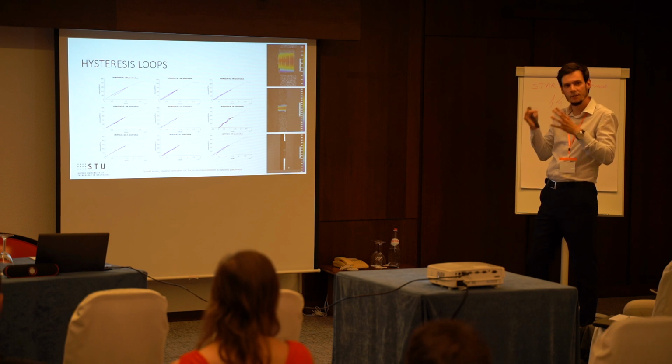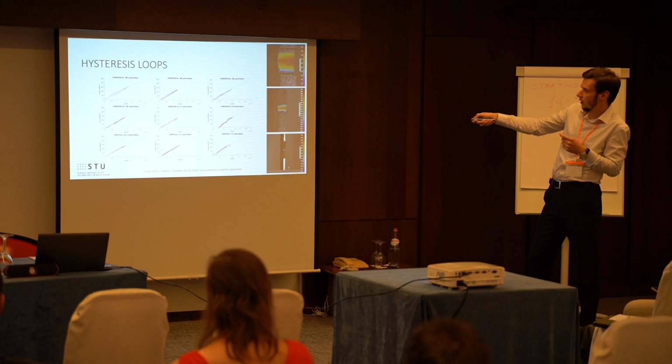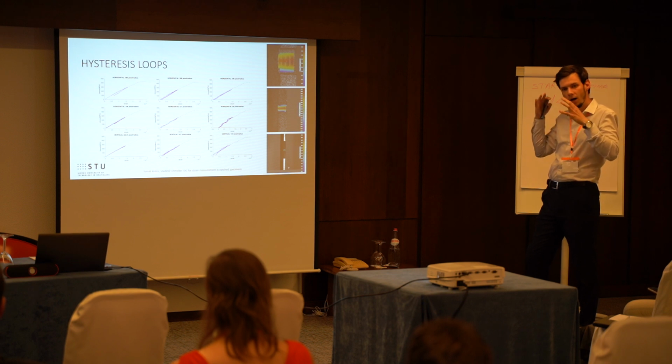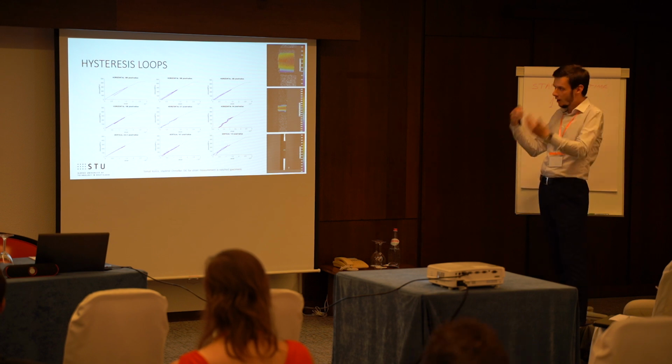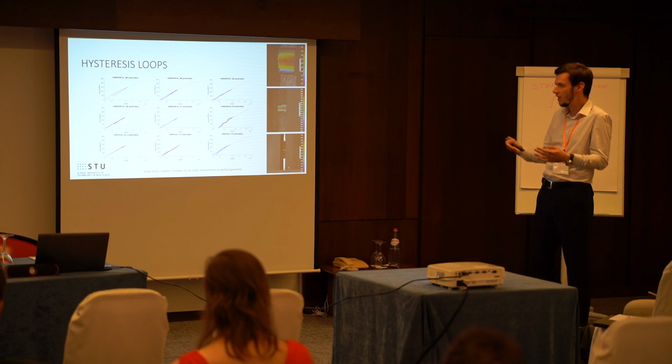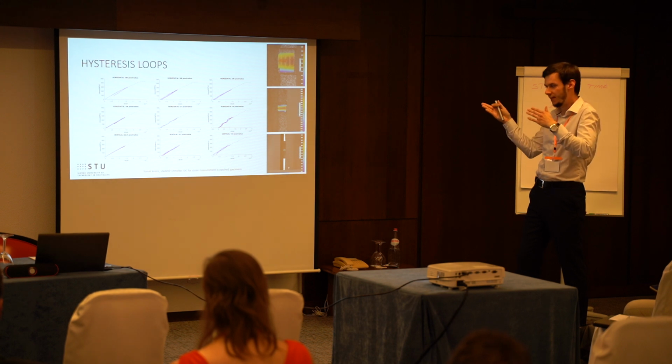Every line is a different setting of the filter. As you can see, if you have a relatively large notch, like this one, here a little bit zoomed, those three lines are almost the same. But if you go to smaller and smaller notches, you can see the deterioration of the hysteresis loops and a slight difference between the curves.